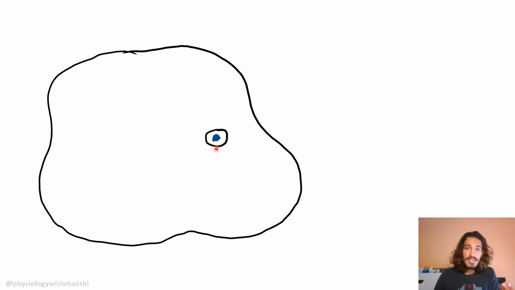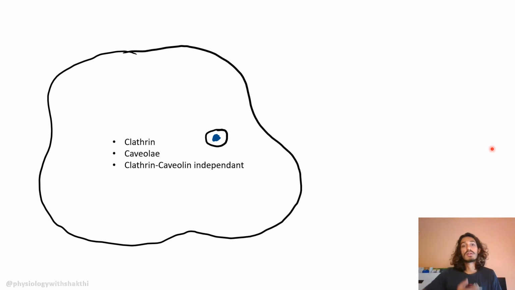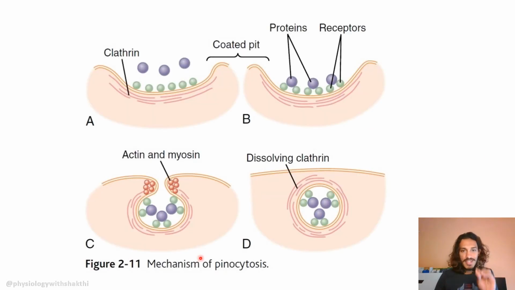Once it is inside, it can be carried by a clathrin or caveolin mediated mechanism, or a clathrin and caveolin independent mechanism. This is a little different and a little vague, because a lot of mechanisms can be involved. This again has fluid inside it. So this is micropinocytosis. This is a diagram from Guyton.